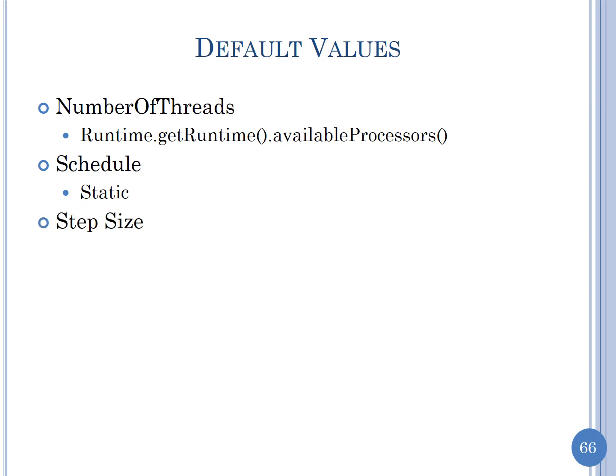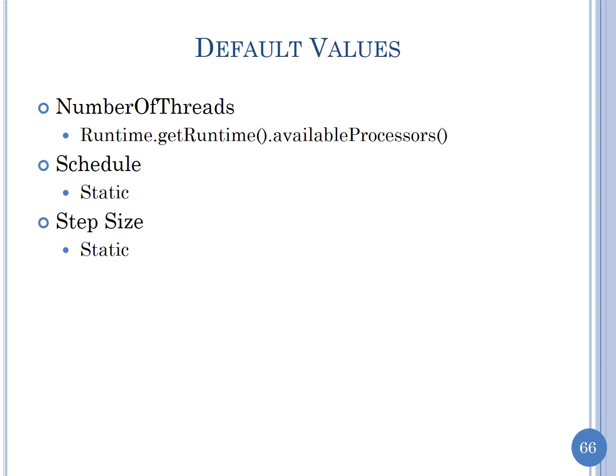Step size. One would keep iterations very next to each other, or use the maximum possible, which is the number of iterations divided by the number of threads, assuming we don't have a very large amount of data that is spread out and will not fit in memory.